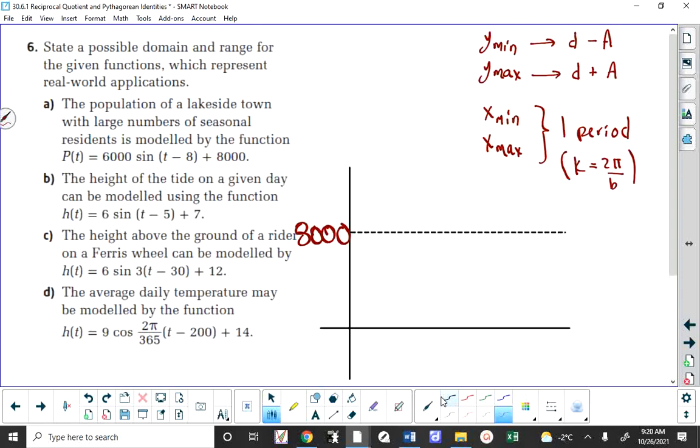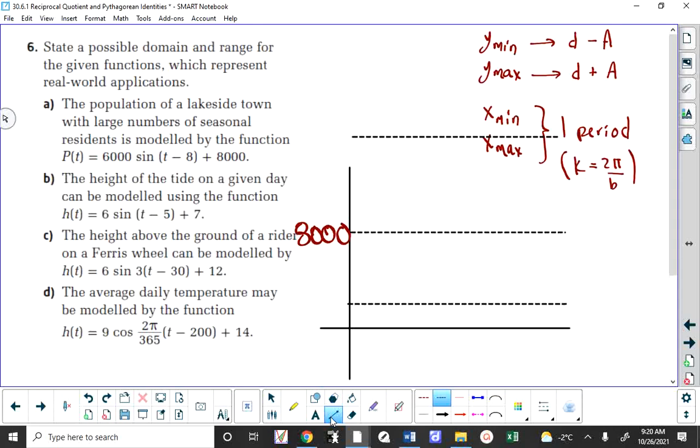Well, that means that it goes 6,000 above and 6,000 below. So the minimum guideline will be down here at 2,000. The maximum will be up here at whatever 8,000 plus 6,000 is, which is 14,000. So in order to determine your maximum y and your minimum y, I'm talking about for your window settings, by the way, you have to look at the values of a and d.